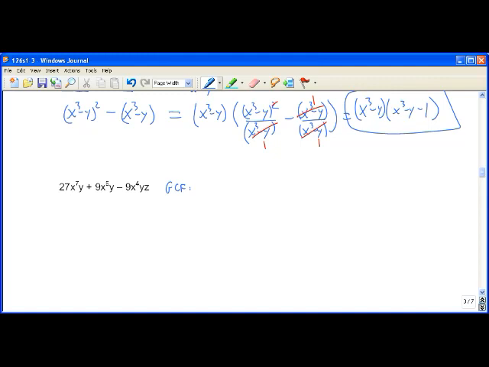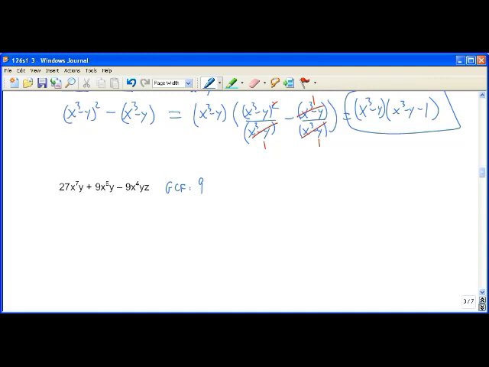We have 27x to the 7th y plus 9x to the 6th y minus 9x to the 4th yz. So first think, what is the common factor between 27, 9, and 9? 9. 9, good. And we have x to the 7th, x to the 6th, x to the 4th. So we have to take the smallest of those.